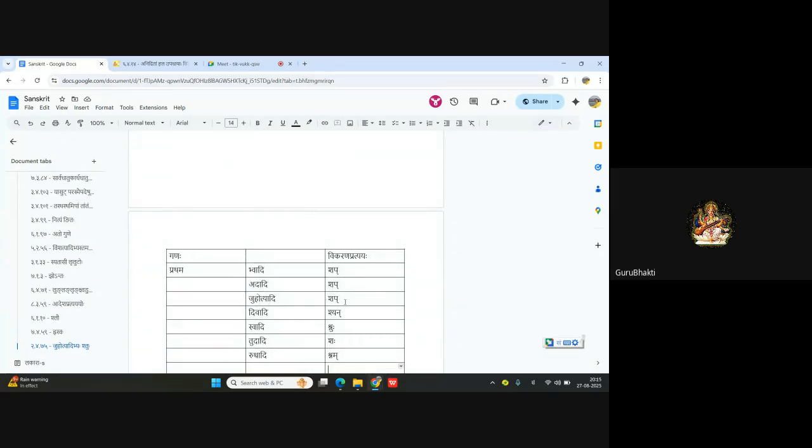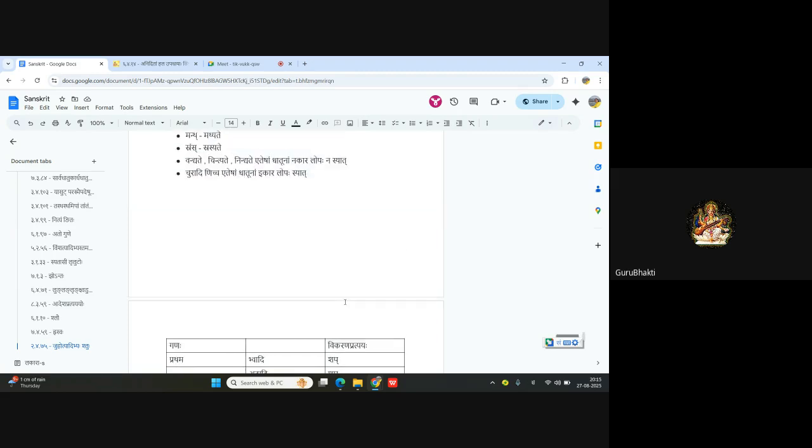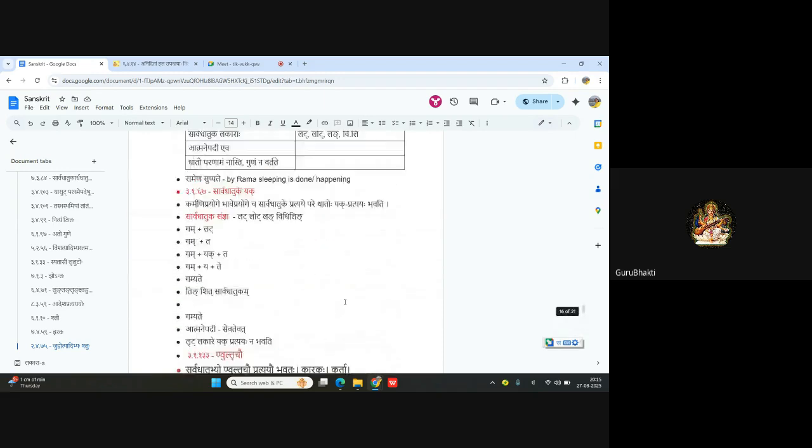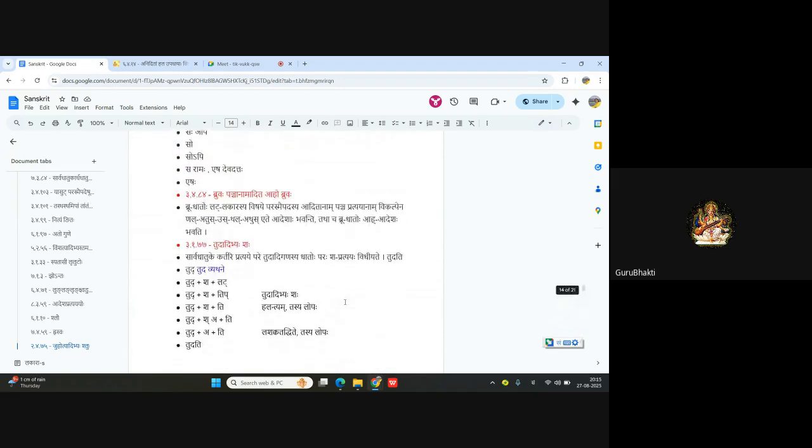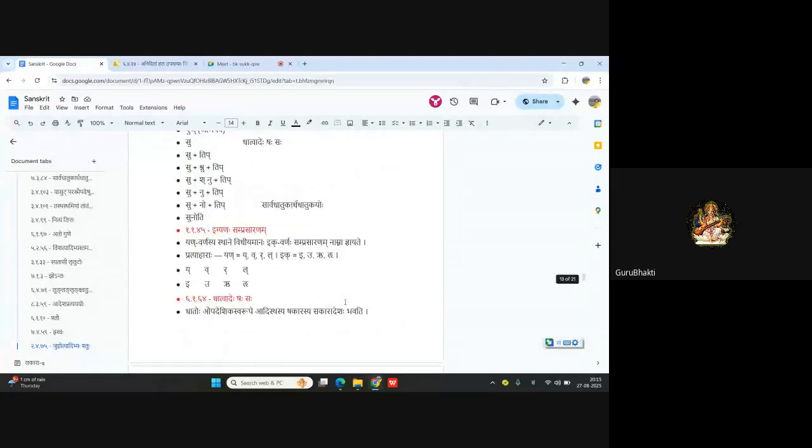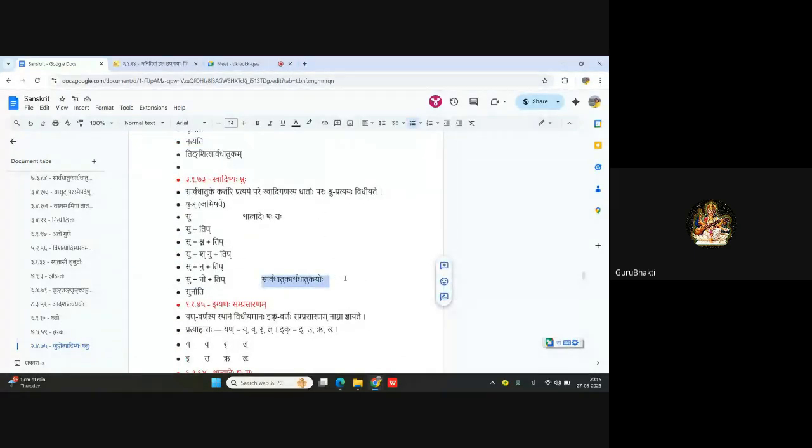Rudadibhyaha shnam. So in Rudadigana, guna won't happen by the sutra sarvadhatuka ardhadhatuka yoho, like in the fifth gana, where we did guna, no becomes no. In Rudadigana this sutra won't apply, so guna won't happen.